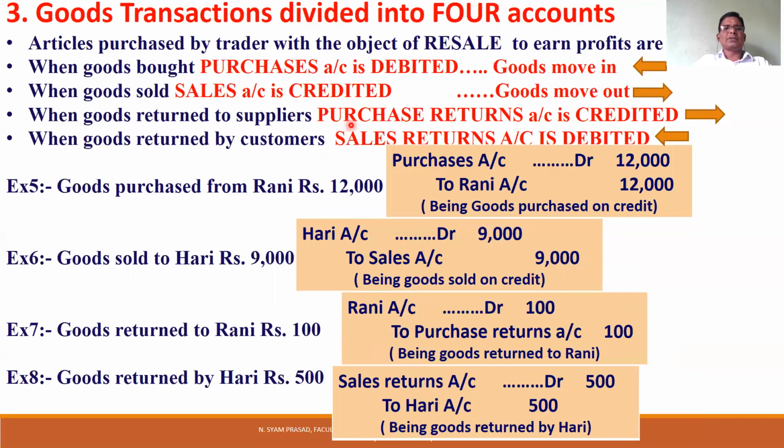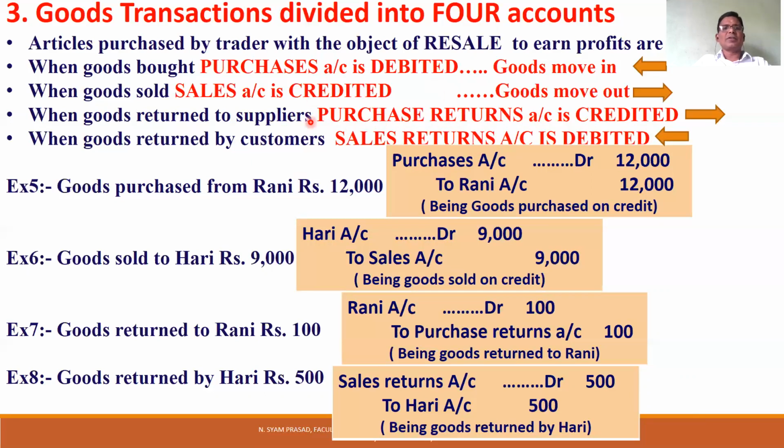The suppliers are creditors. When we are returning goods to suppliers, they are moving out, so the purchase returns account is credited. When defective goods are returned by the customers, who are called debtors, the sales returns account is debited.